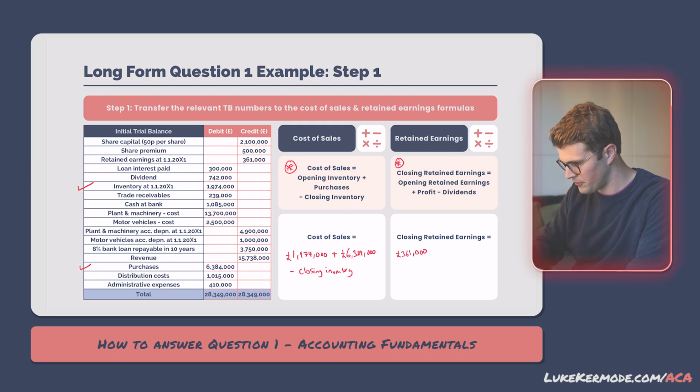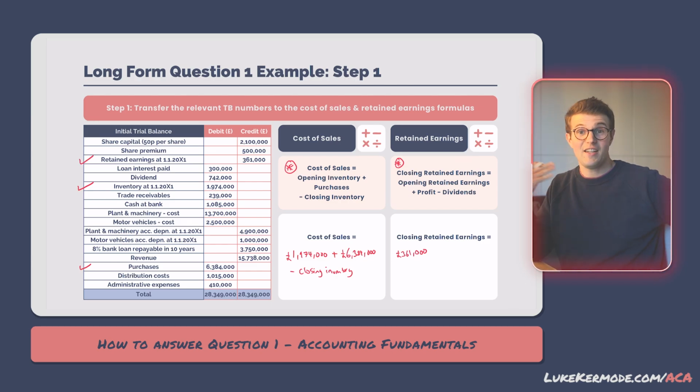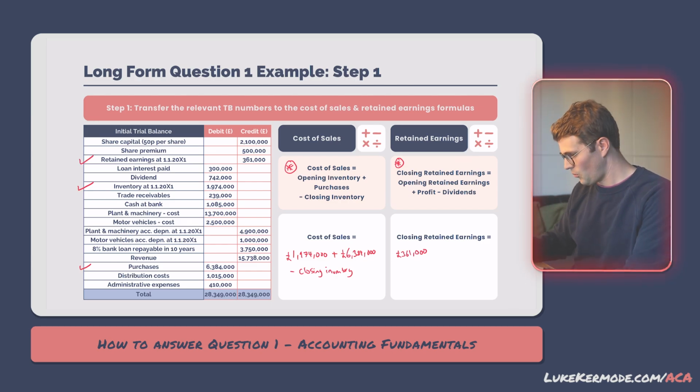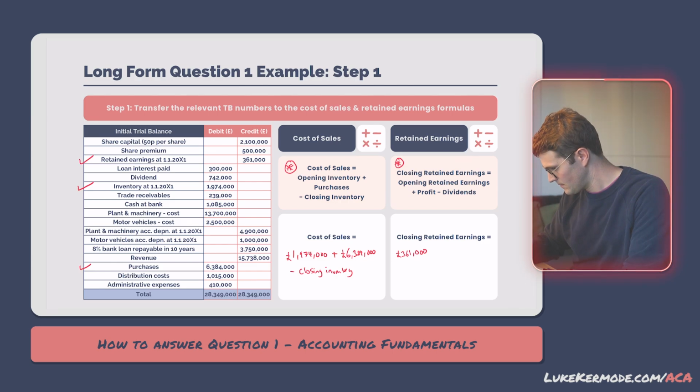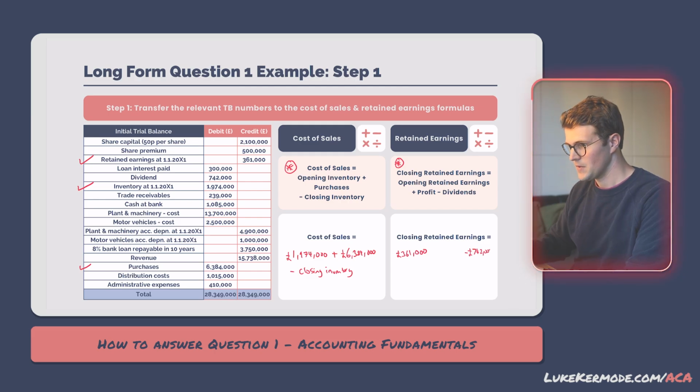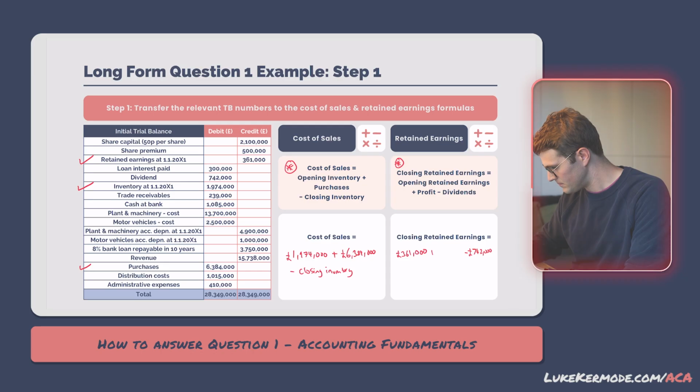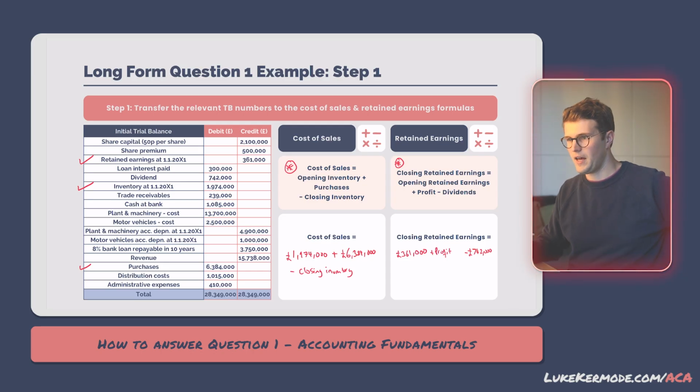We can tick that off. And dividends paid during the year were 742,000. So we write closing retained earnings equals 361,000 plus profit, which we don't know yet, minus 742,000.